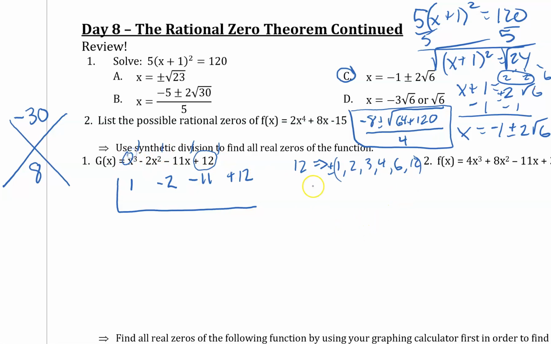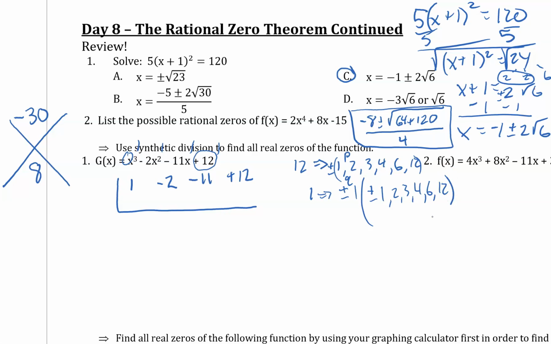Our leading coefficient is 1. Its factors are either positive or negative 1. So we're looking for P over Q. All of these are my P's. Both of these are my Q's. So my possible factors are going to be plus or minus 1, 2, 3, 4, 6, or 12.